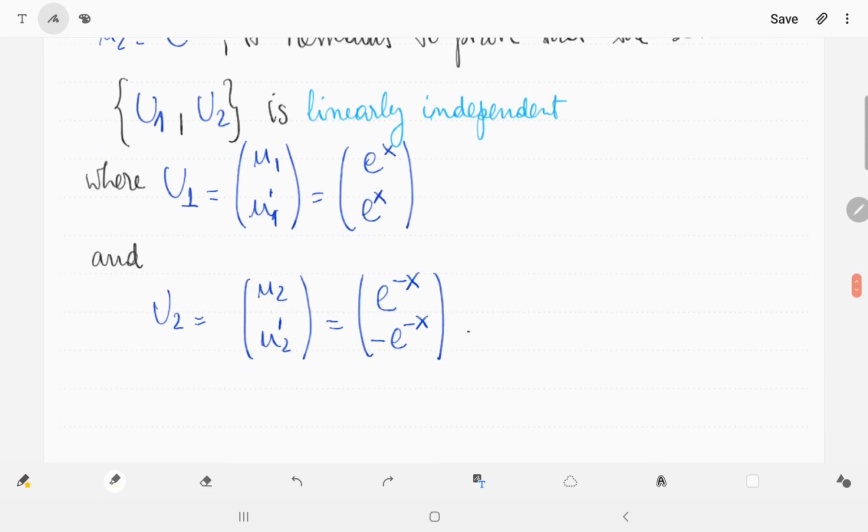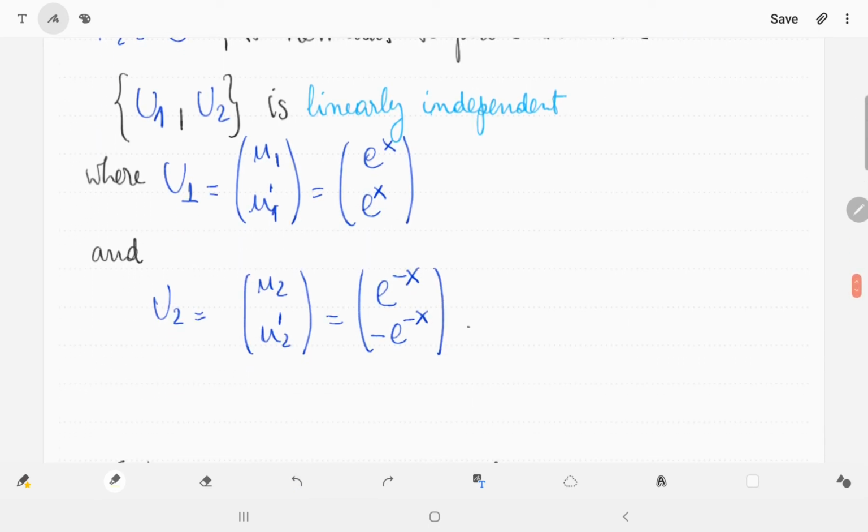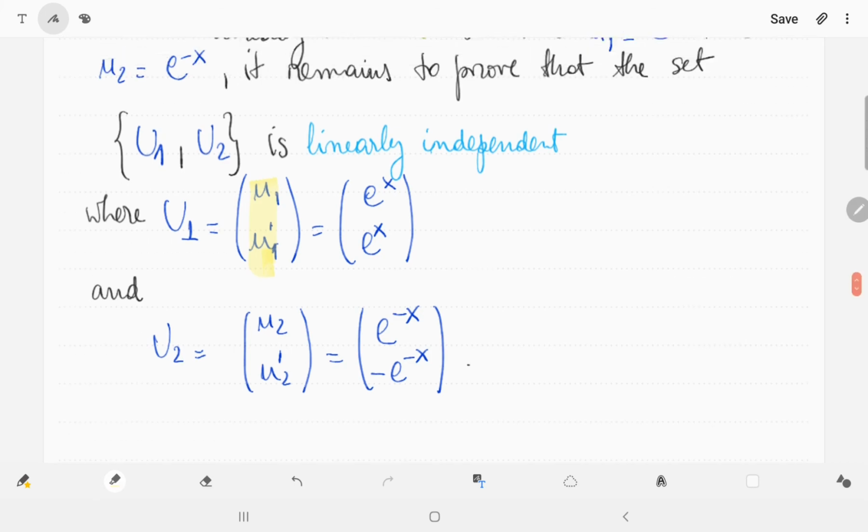Now we want to prove that this set capital U1, capital U2 is linearly independent. The capital U1 has all the information about U1, meaning U1 and its first derivative in this case.